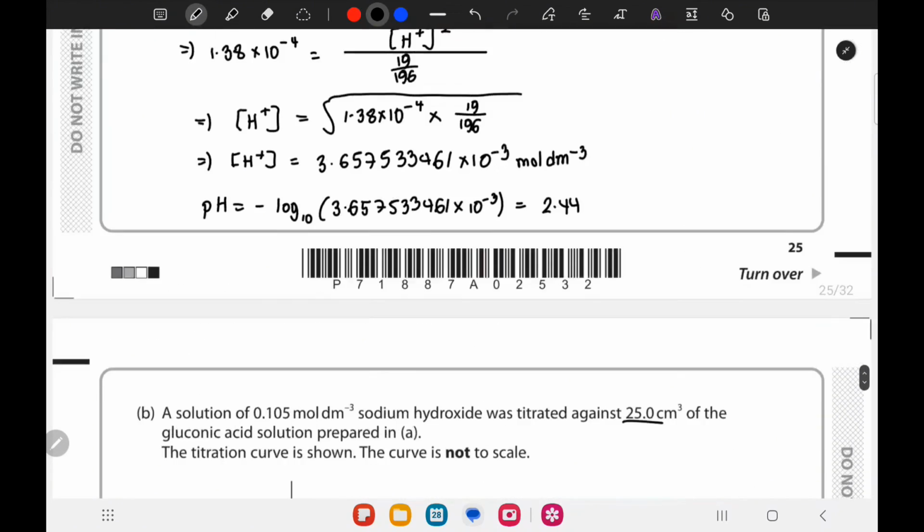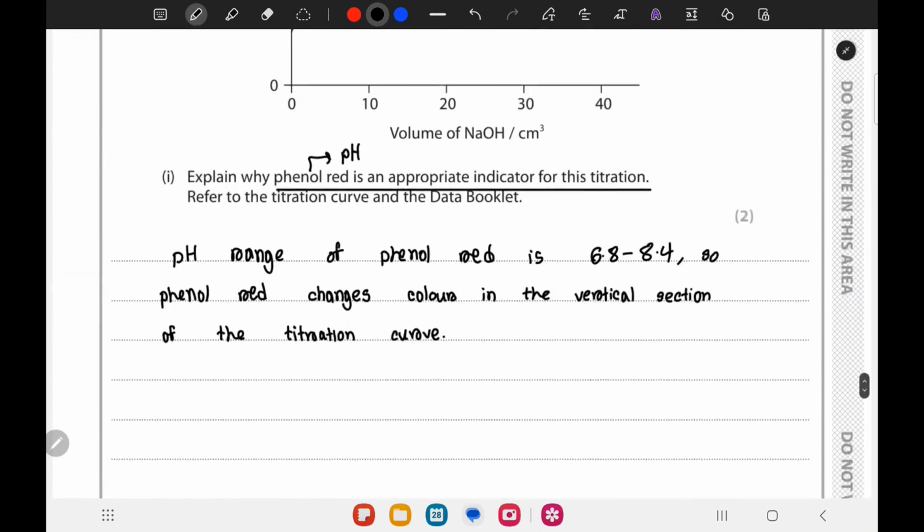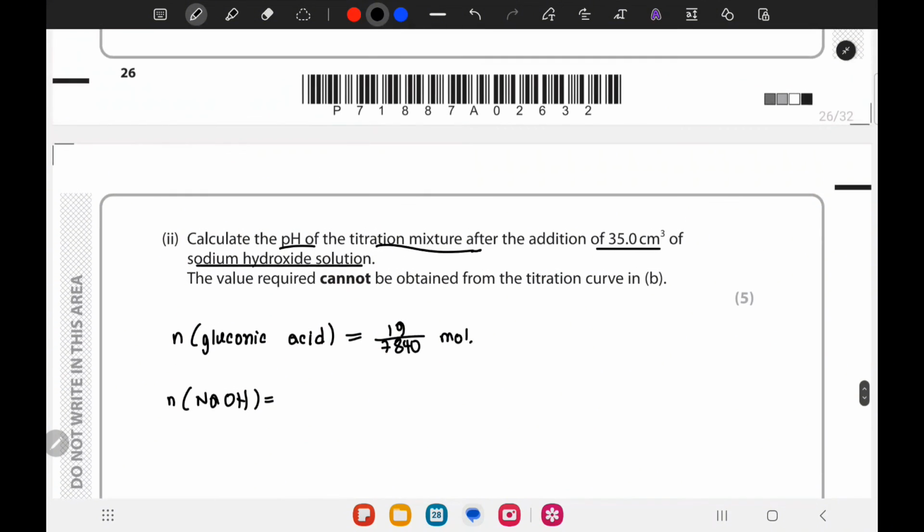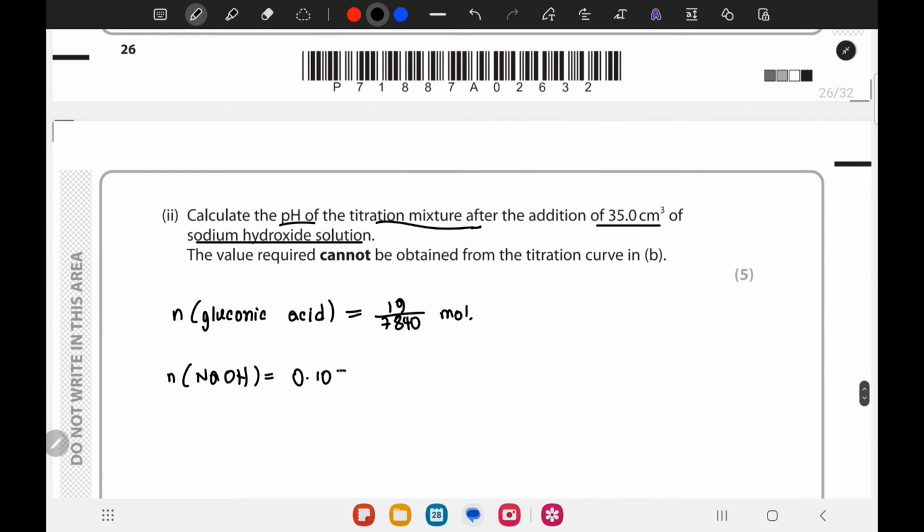And then we have to find the number of moles of sodium hydroxide. In this case, the concentration is 0.105 and we are using 35 cm cube of it. So 0.105 into 35 into 10 to the power minus 3.